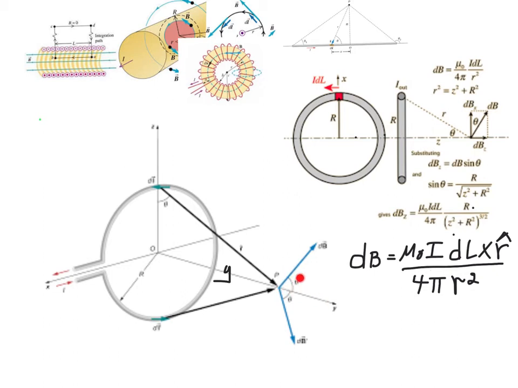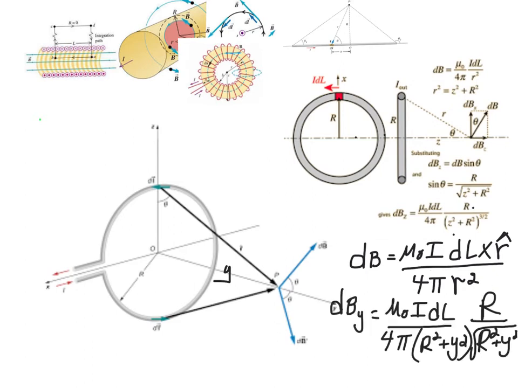So we have to take the cosine of theta. And the cosine of theta, this angle, is the adjacent over the hypotenuse. So we've got to multiply this by the cosine of theta, which is the adjacent, the r over this. So let me write that down and see if we can follow it.